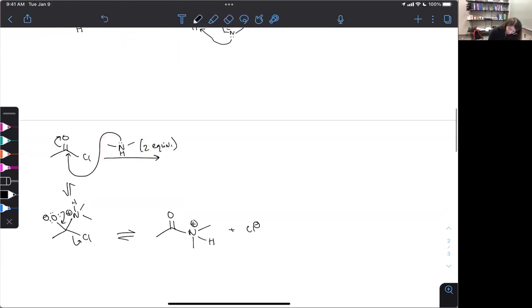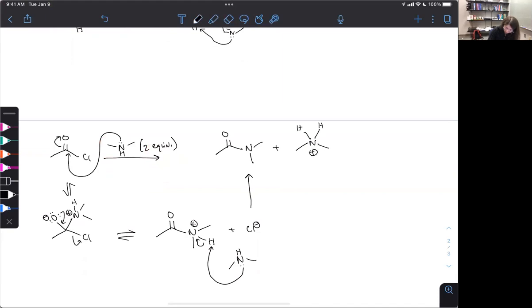So that is going to come around. Little dimethylamine here, grab that H, give the electrons back to the nitrogen. That's a pretty irreversible step. And then I end up with my neutral amide plus a protonated dimethylamine with a chloride counterion. So again, kind of soaking up that HCl equivalent that we've generated.